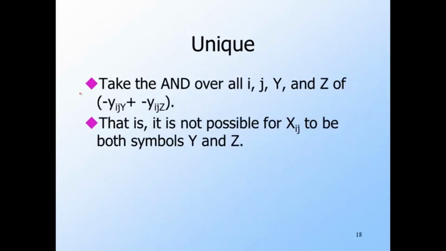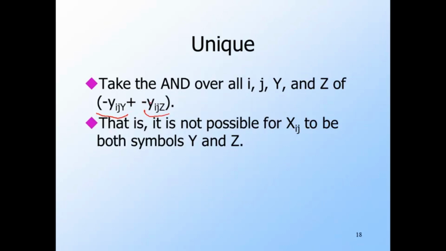For unique, we use the AND over all IDs i, positions j, and states or tape symbols Y and Z of the expression not yijY or not yijZ. This little expression is satisfied as long as at most one of the two Boolean variables yijY and yijZ is true.